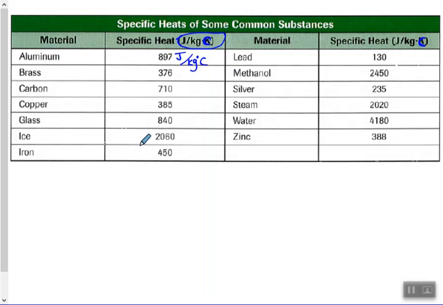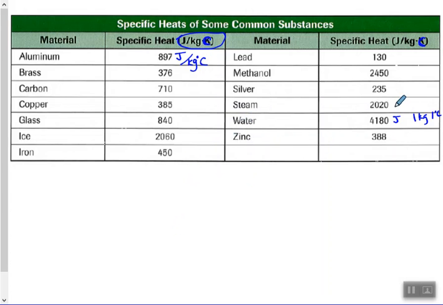Remember, same thing. So for water, it takes 4,180 joules to raise 1 kilogram of water 1 degree Celsius, right? So the higher the number, the more energy that's needed to raise its temperature. So thinking about our absorbers and conductors, water would be the best absorber on this list.